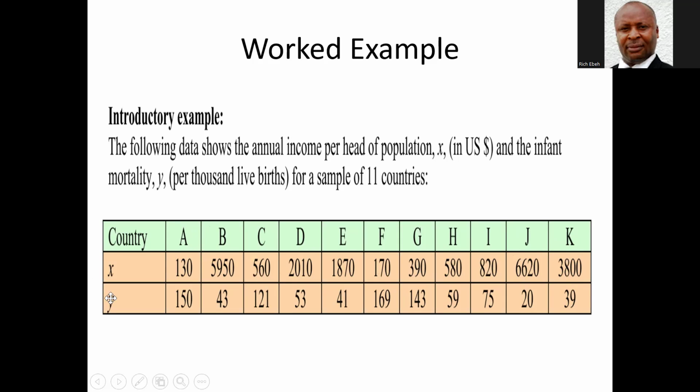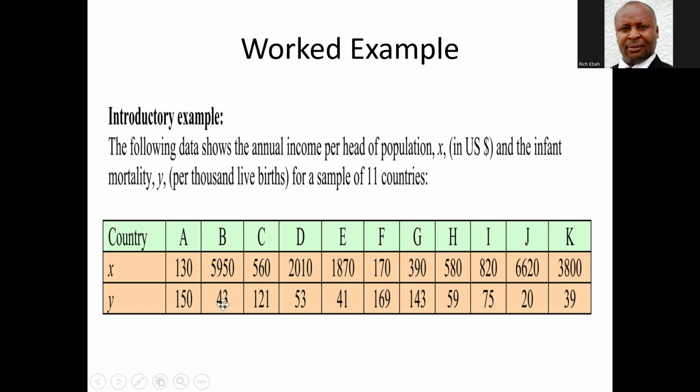And then you have the infant mortality per thousand. You see, country A had 150, which depicts that for every 1,000 persons, 150 infants died.